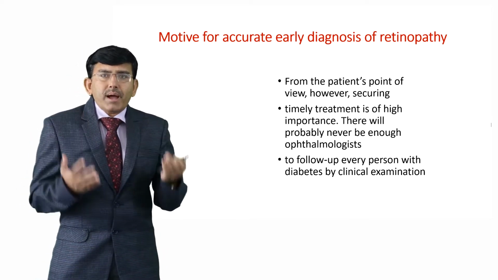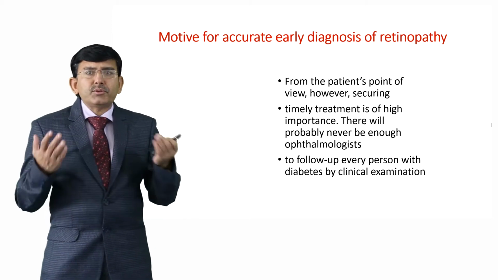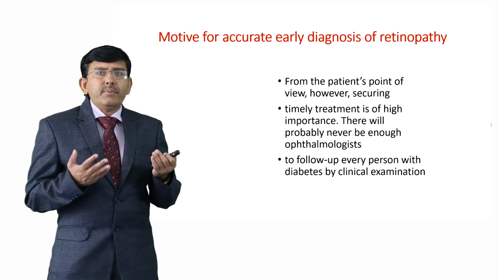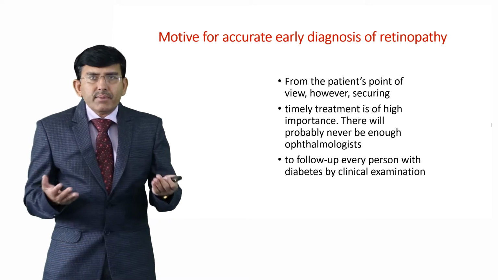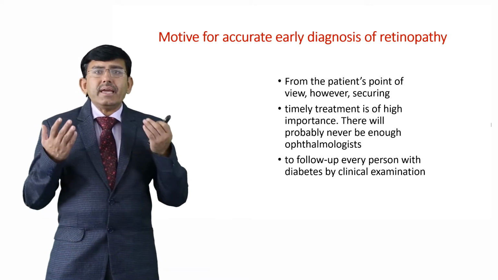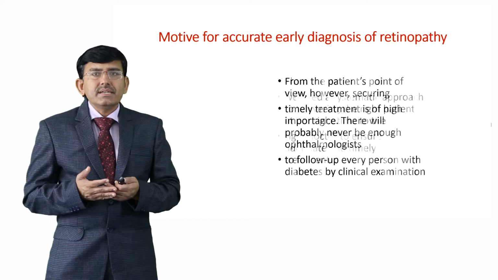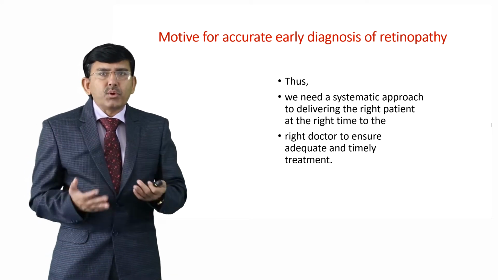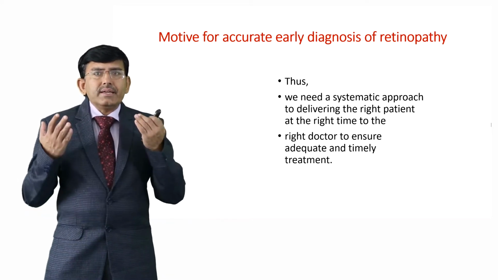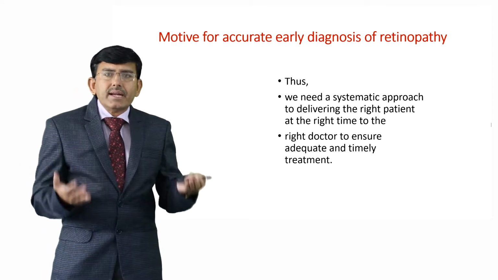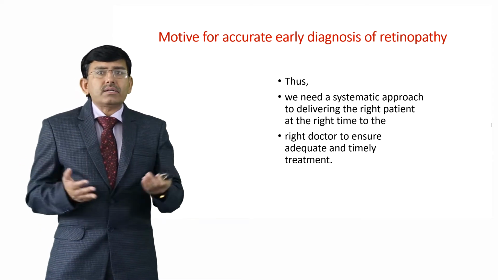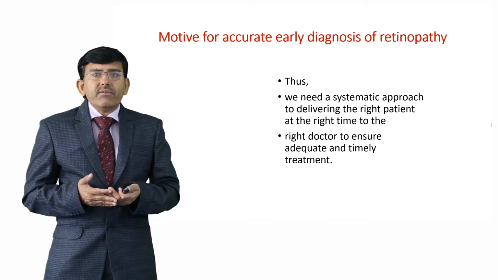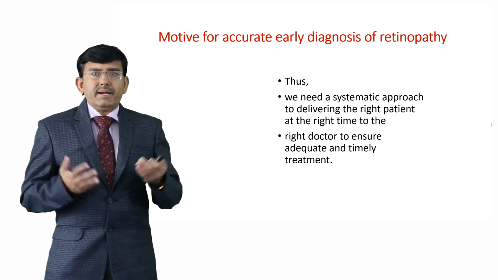There will probably never be enough ophthalmologists to follow up every person with diabetes by clinical examination. Thus, we need a systematic approach to delivering the right patient at the right time to the right doctor to ensure adequate and timely treatment.